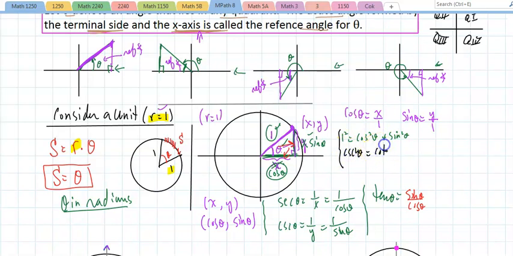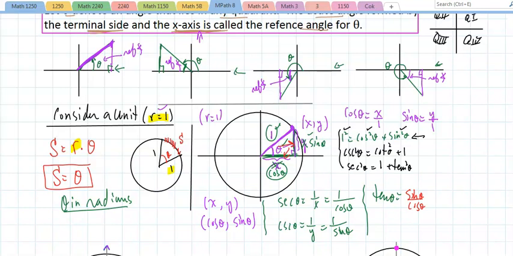Cosine over sine is the cotangent. And sine over sine is 1. And I can go back to this and divide everything by cosine squared. 1 over cosine squared is the secant squared. Cosine squared over cosine squared is 1. And sine squared over cosine squared is tangent squared. And I could derive the previous identities as we did in the previous sections.